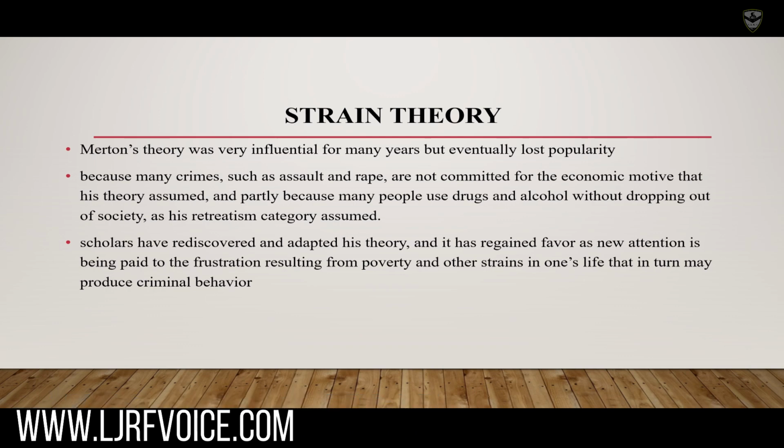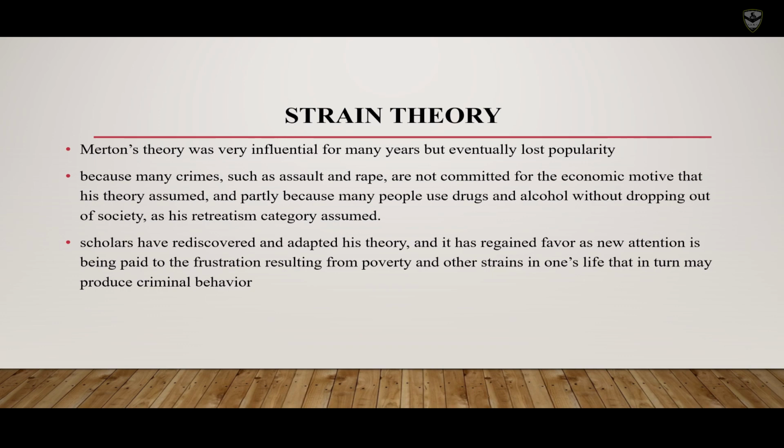Also, not many of them get into drugs or alcohol as mentioned in retreatism, but they get in even though they are having proper economic success or economic gains. They might tend to turn out to be drug addicts or alcoholics. So the motives of certain crimes cannot be categorized into these forms or aspects which have been mentioned in the strain theory.